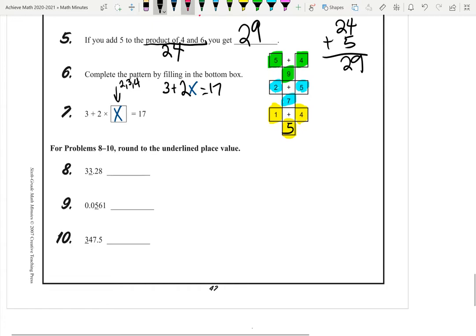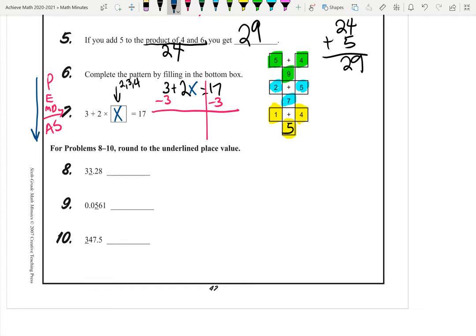Equals 17. I'm going to use my order of operations and go in the reverse order. The reason why I'm subtracting first is normally I would have to follow PEMDAS. This is normally the order I go. But since I'm going in the opposite order, I have to start by adding and subtracting.